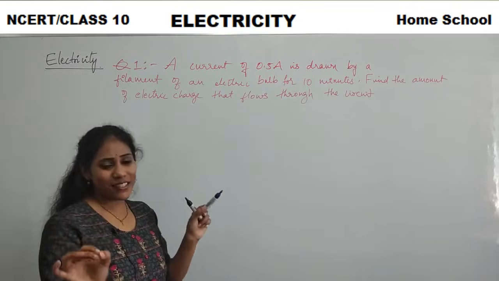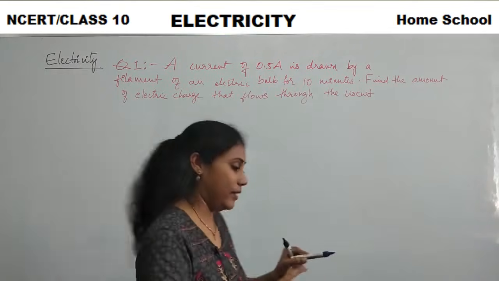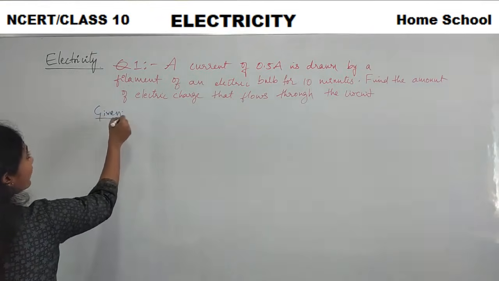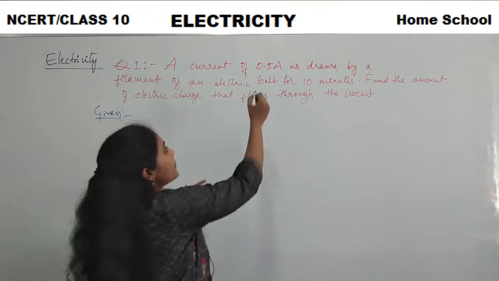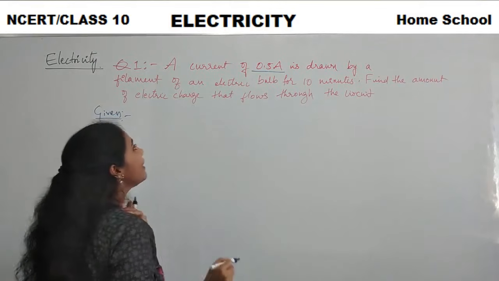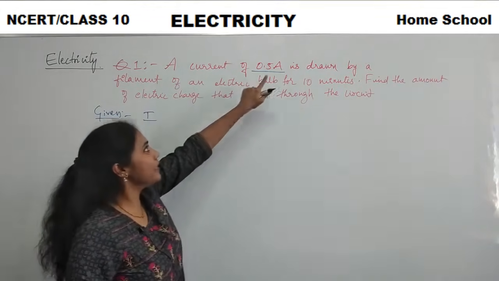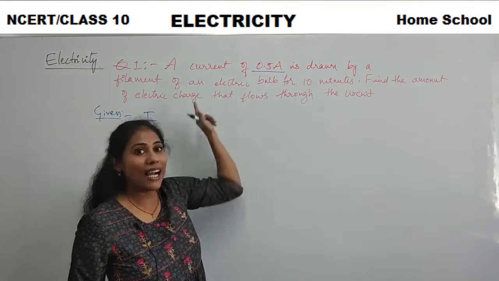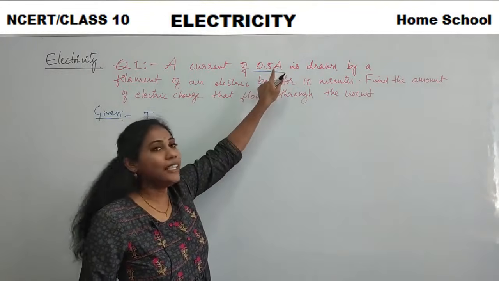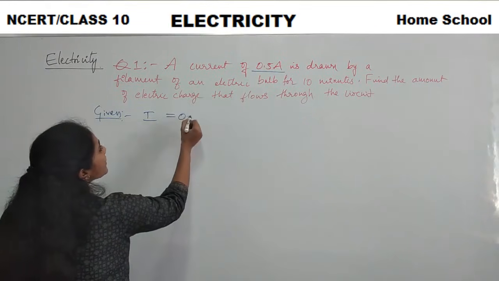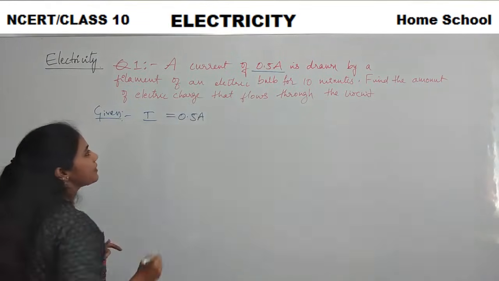First, let us write what is given. A current of 0.5 amperes. Current is given, that is I is given. You see the unit, guys, ampere means I. So I is equal to 0.5 amperes.